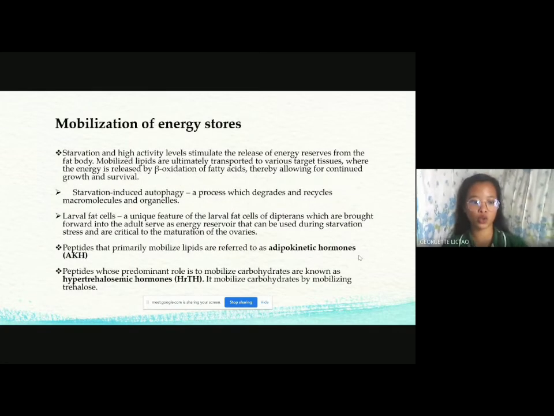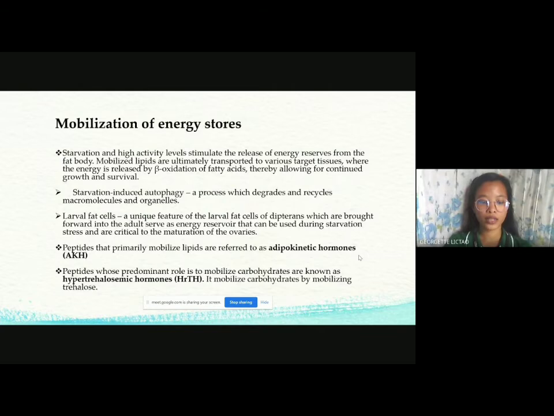Utilization of energy stores. The fat body is the tissue involved in starvation, and high activity levels stimulate the release of energy reserves from the fat body. Mobilized lipids are ultimately transported to various target tissues, where the energy is released by oxidation of fatty acids, thereby allowing for continued growth and survival.